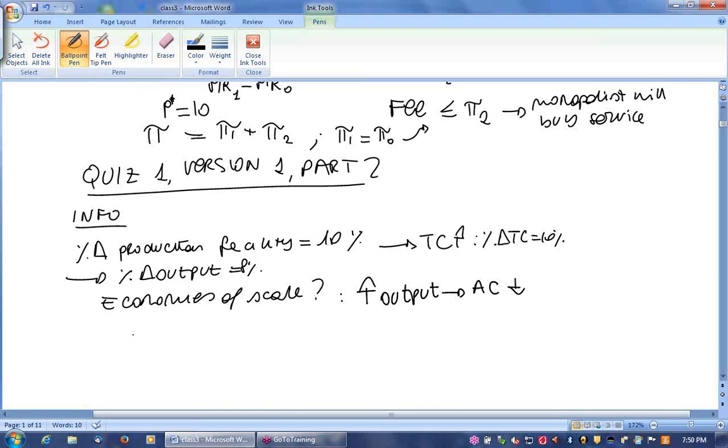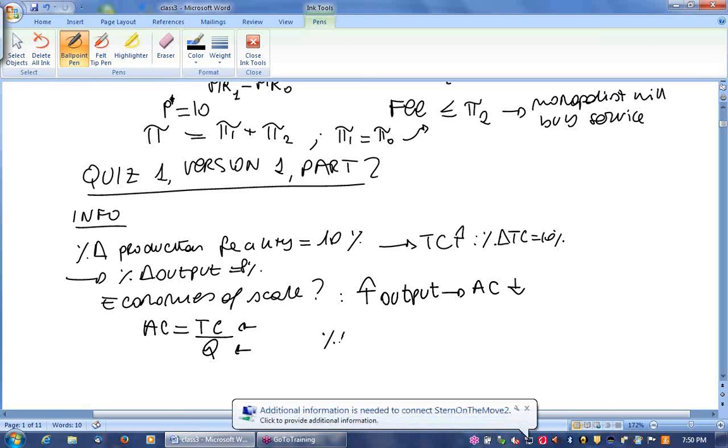So here, the average cost is equal to total cost divided by the quantity, that is the output. So whenever total cost increases more than quantity, this means that the average costs are increasing, right? Because the total costs are increasing more than proportionally to quantity.